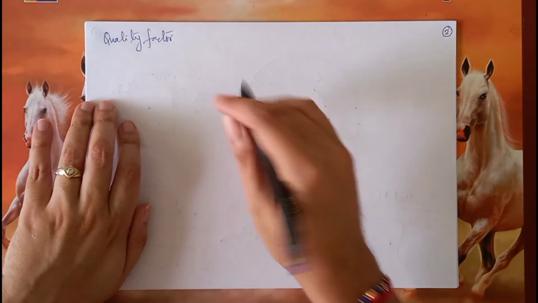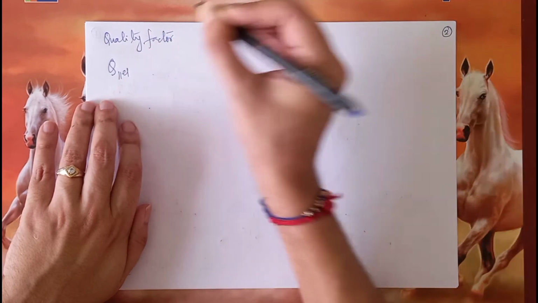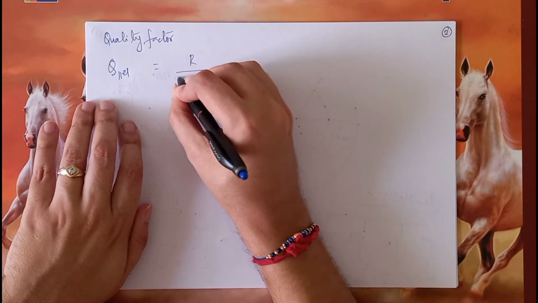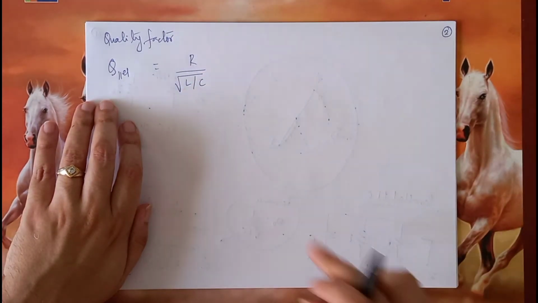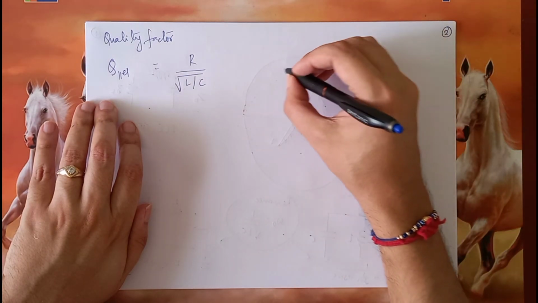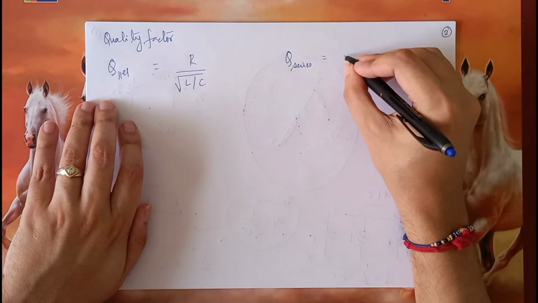In case of a parallel RLC network, Q looks something like this: it is R divided by under root of L by C. So the larger the resistance, the more the Q. And in case of a series RLC network, it's just the opposite.